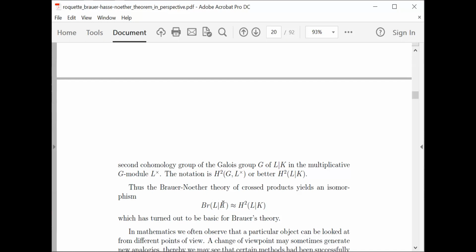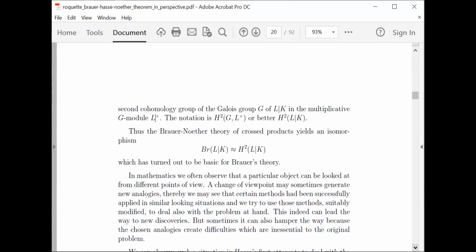It's like all the central simple algebras. They all split over the algebraic closure, but this is like getting both of them into the game. So Br(L/K) is the same as the second cohomology of your Galois group with coefficients in the invertible elements of L.